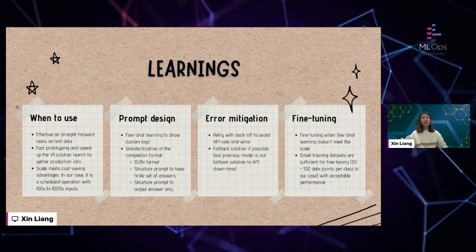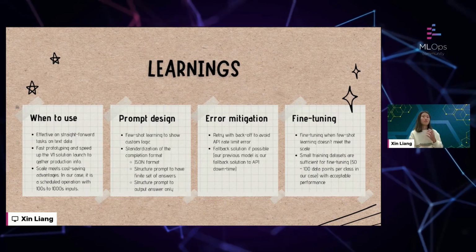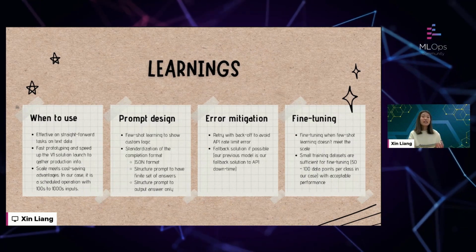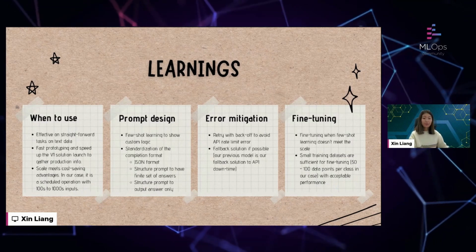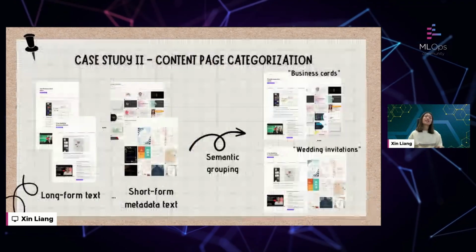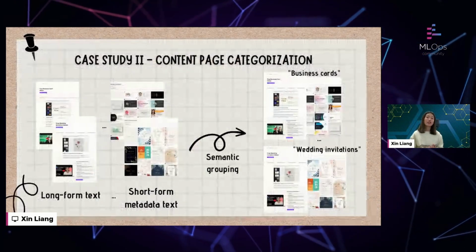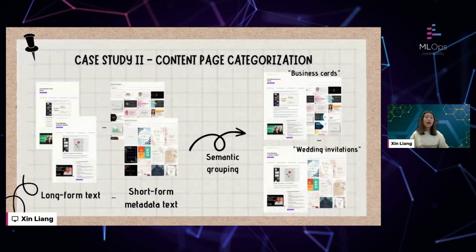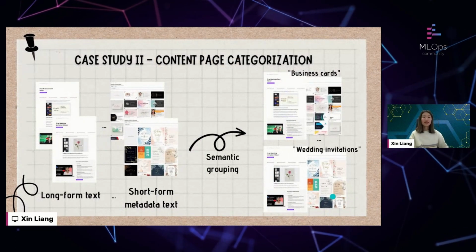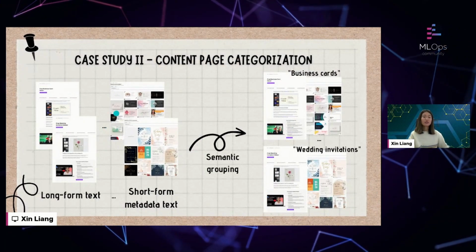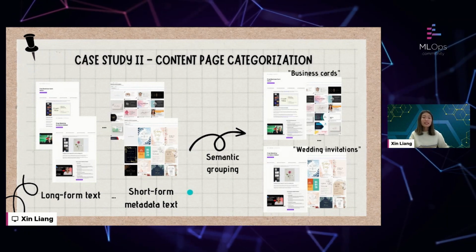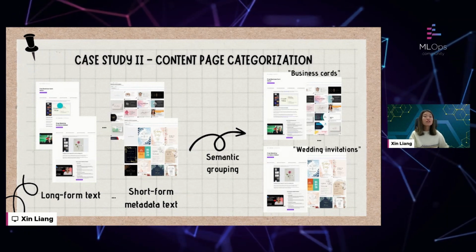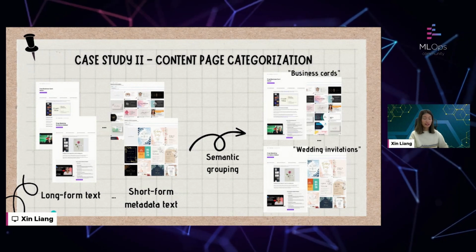And this is our first case study to illustrate the operational efficiency and optimization with LLM's APIs in production. Our second case study is on content page categorization. We have content pages of various characteristics, from pages with a collection of similar templates with short form metadata text to informational articles with long form text.